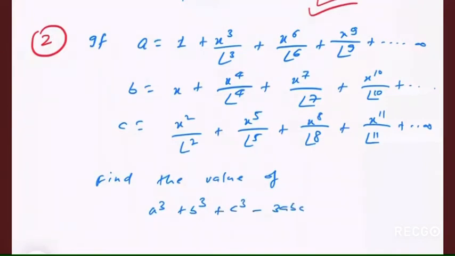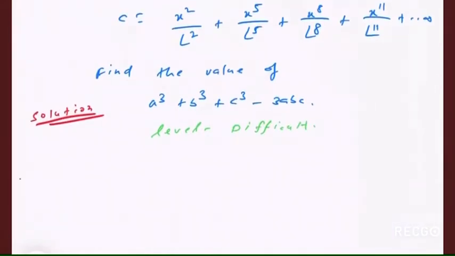Looking at these expressions, finding the value, which means any real number as an answer, looks very difficult. If you start solving this question from the very basic, then finding a cube, b cube, and c cube is very difficult. In fact, the level of difficulty of this question is really very difficult.